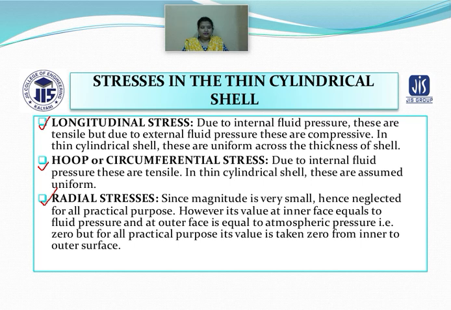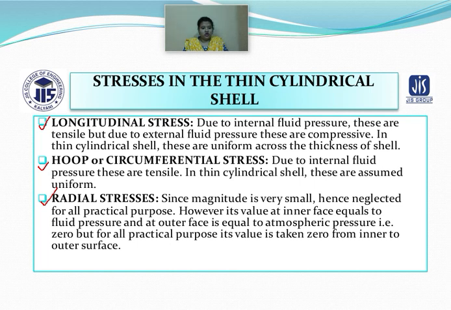I must say that the magnitude of radial stress is very small, that's why we are neglecting it. As I have told, the internal face value is equal to the fluid pressure and the outer face value is equal to atmospheric pressure, which is 0.